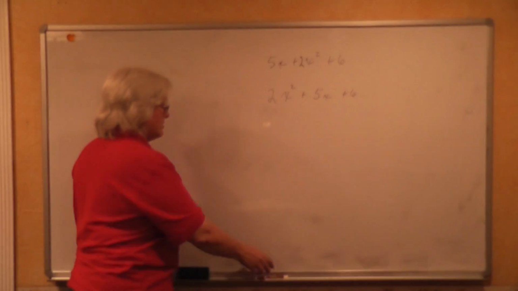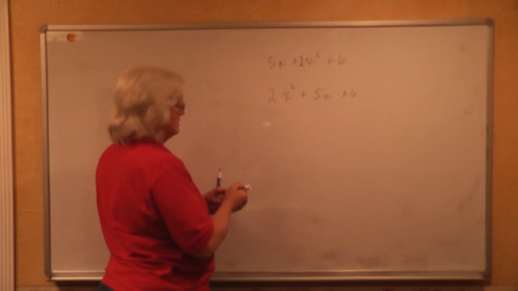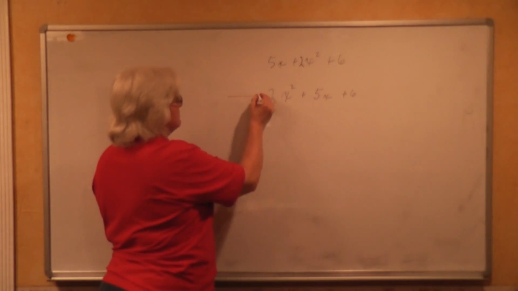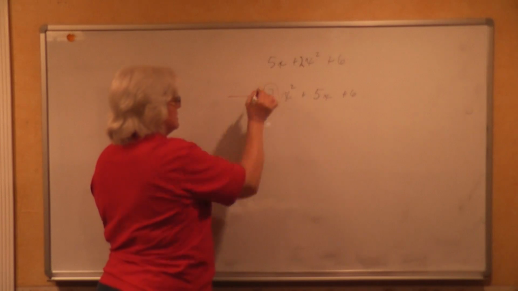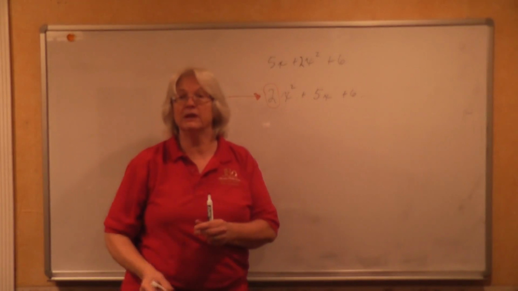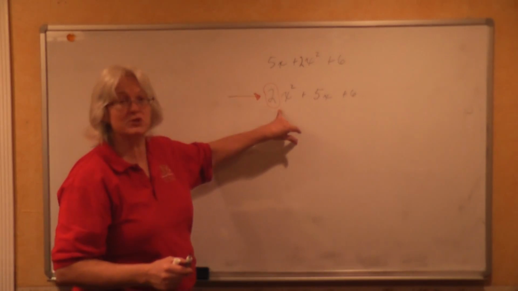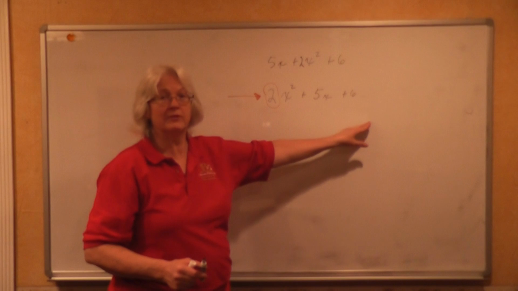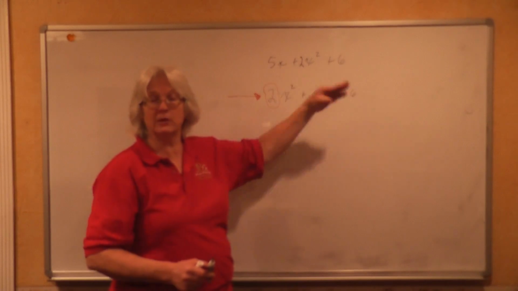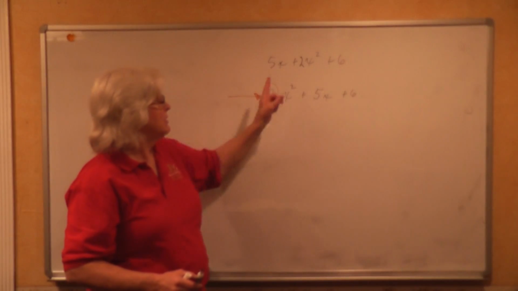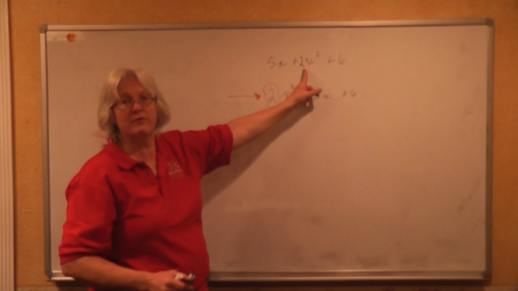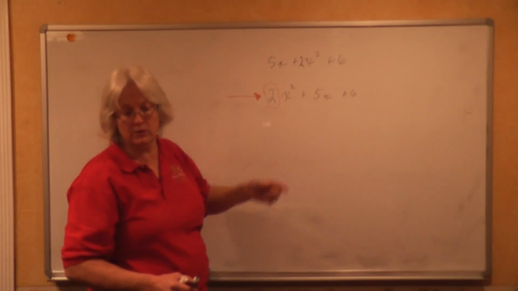This term right here, 2x squared, is our leading term, and the coefficient of that term is the 2. So the leading coefficient is the coefficient of the first term if you have the trinomial arranged in descending power of variable, or it's simply the coefficient of the highest degree term.